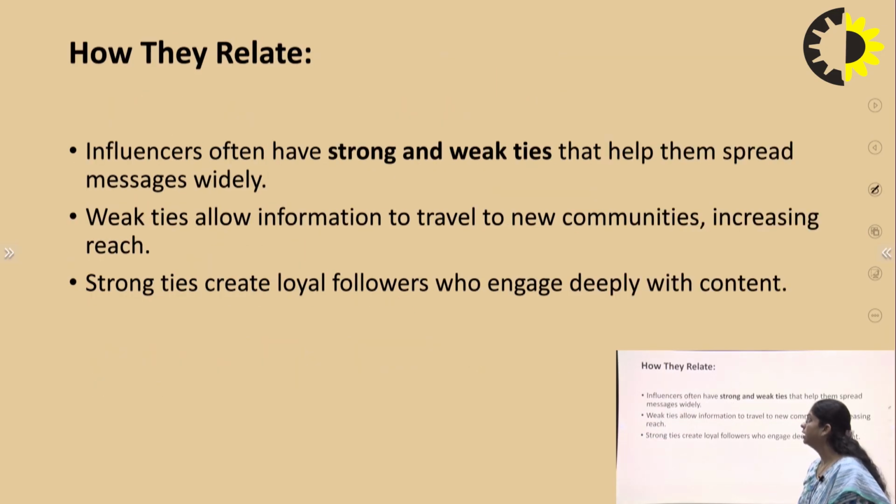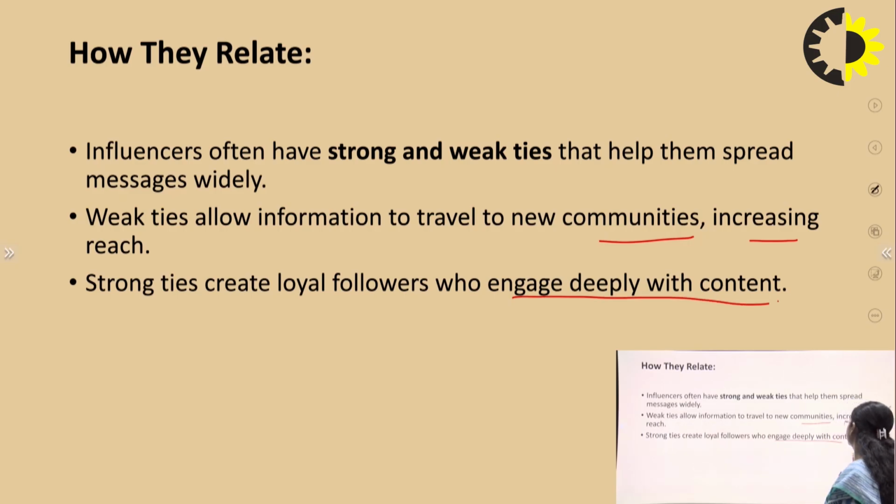Next, how do they relate? Influencers often have strong and weak ties that help them spread messages widely. Weak ties allow information to travel to new communities and increase reach. And strong ties create loyal followers who engage deeply with content.